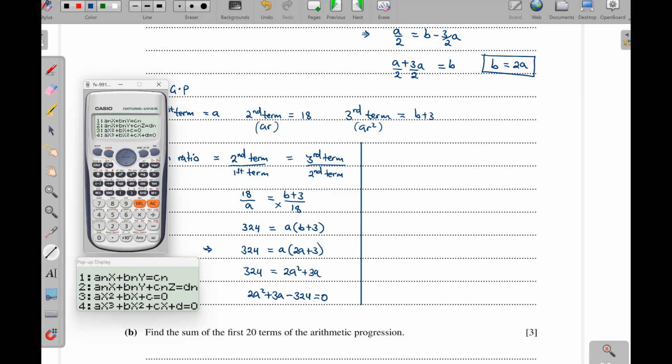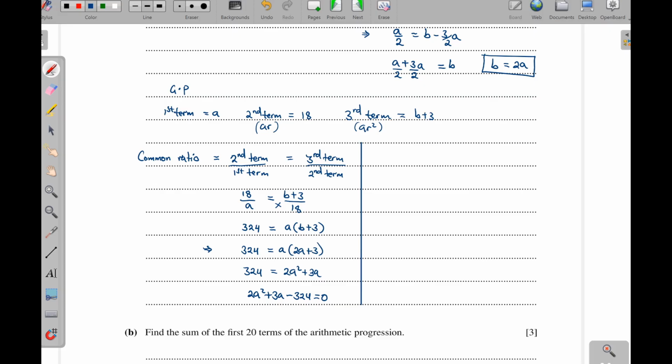Mode, equation, 5, then 3, that is quadratic, so we have 2, then we have 3, and then minus 324. So we get a 12, and then negative 27 over 2. So A is equal to negative 27 over 2, and also A is equal to 12.